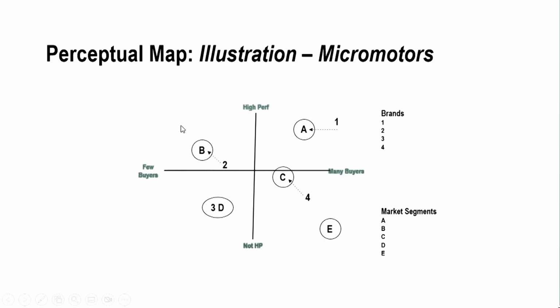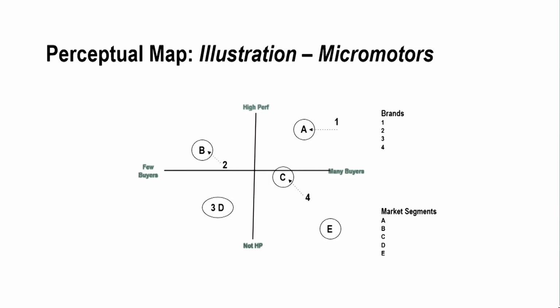So, this is another way, suppose for a micro motor manufacturer of brand 1, we are looking at different market segments that are possible. Suppose A is automotive, B may be consumer durables, white goods and so on.